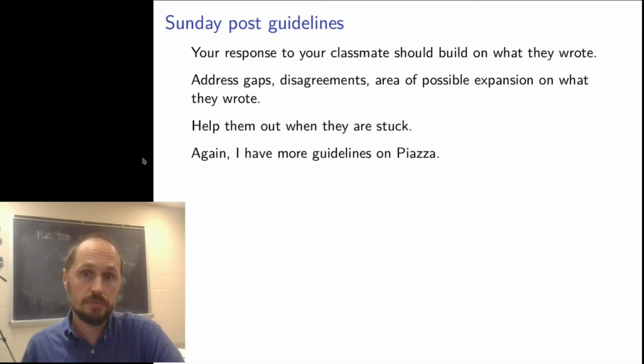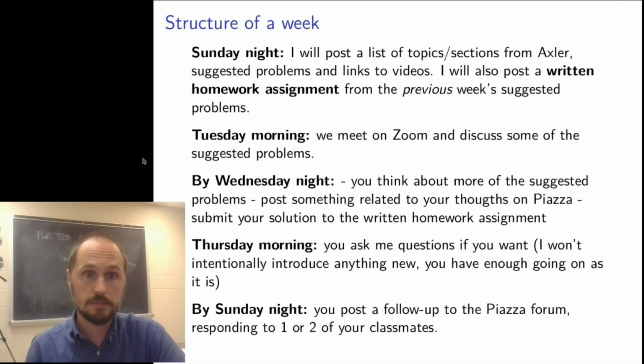And of course, if they posted because they were stuck on a suggested homework problem and you know how to unstick them, do it. Right? That's roughly speaking what I'm looking for in a response. Okay, so I have more guidelines on Piazza, and definitely post questions in Piazza, and I will try to make this as clear as possible.